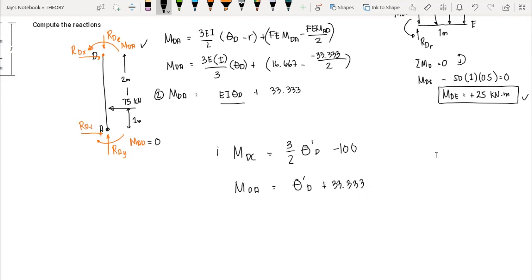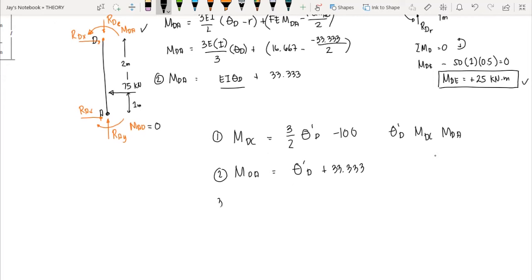So this is our first and second equation. But take note, we have three unknowns: theta prime D, MDC, and lastly MDA. So we will be needing another equation that would suffice the number of unknowns.